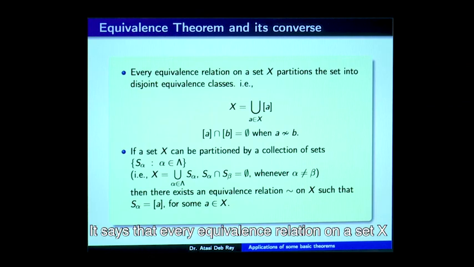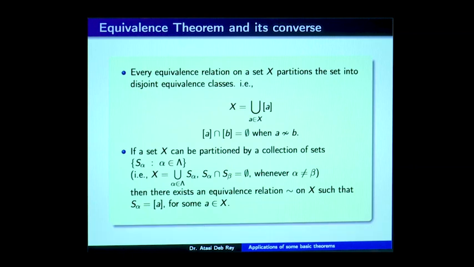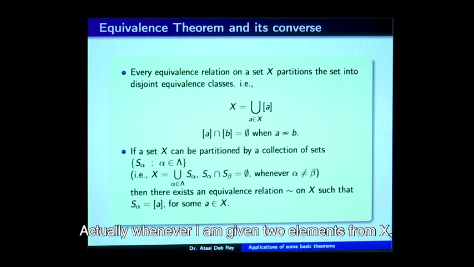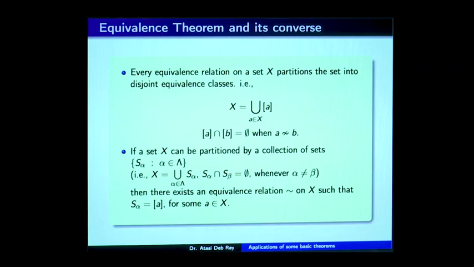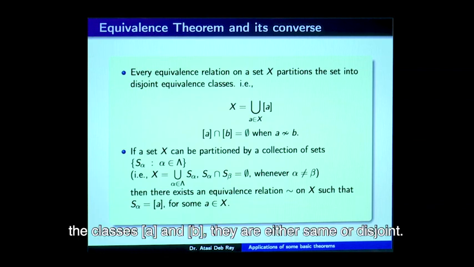The statement of the equivalence theorem is the first one. It says that every equivalence relation on a set X partitions the set into disjoint equivalence classes. Actually, whenever I am given two elements A and B from X and I have an equivalence relation on X, the classes of A and B are either same or disjoint.